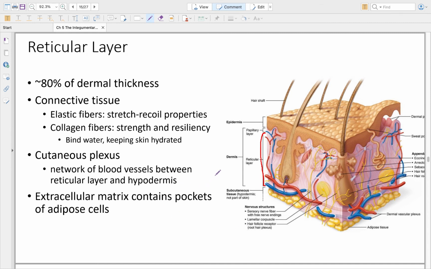Okay, now the subcutaneous hypodermis area is referred to as the cutaneous plexus. The cutaneous plexus is, in other words, the dermal vascular plexus. It's just more in reference to the very specific veins and arteries, the big set right there.